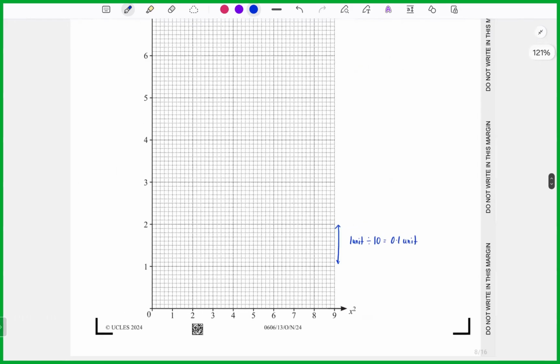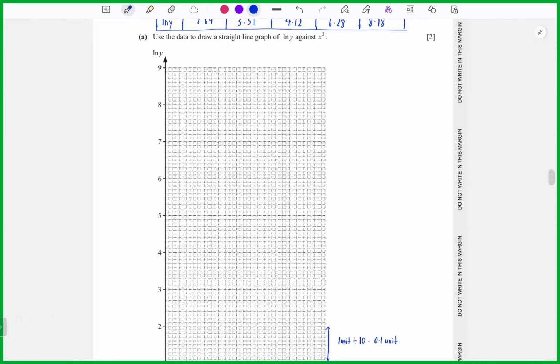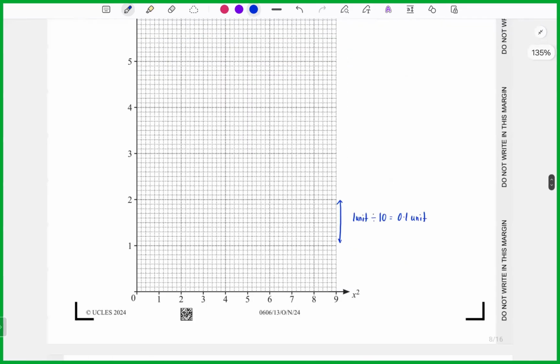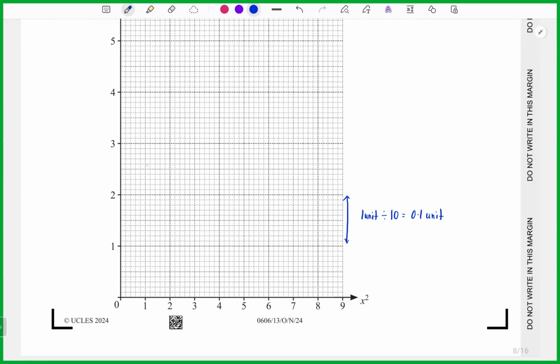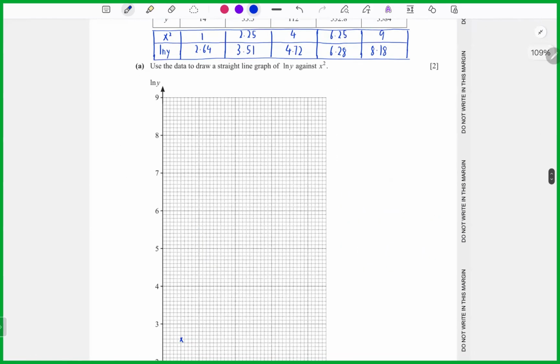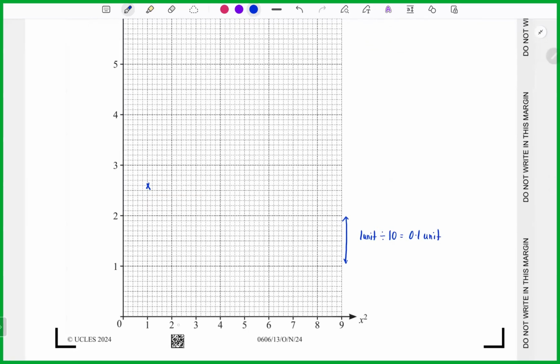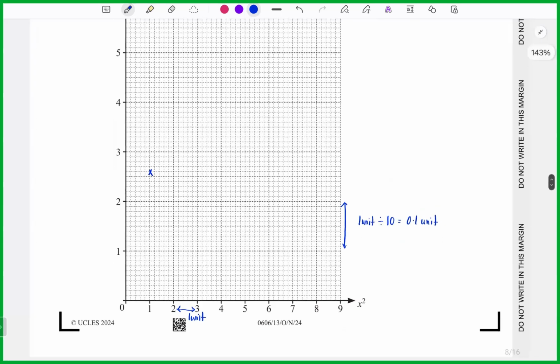Okay, so now we can plot the points first. I label 2.6. And then we see 2.25. Here is 1 unit, right? 1 unit divided by how many? 0.2 units only.